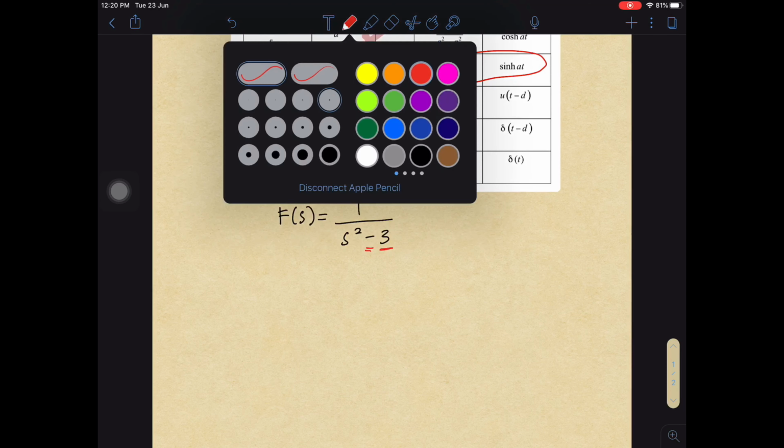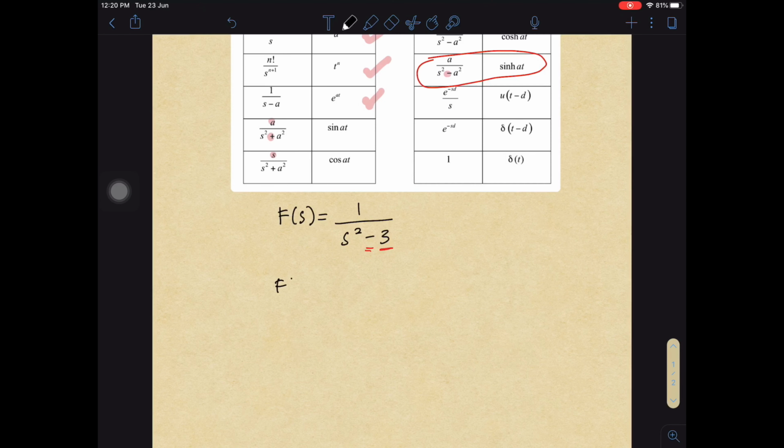Okay, so you can write your F(s) equal to 1 over s square minus root 3 square. Because root 3 to the power of 2 will give you the original 3 here. So now we have written our function as 1 over s square minus root 3 square.